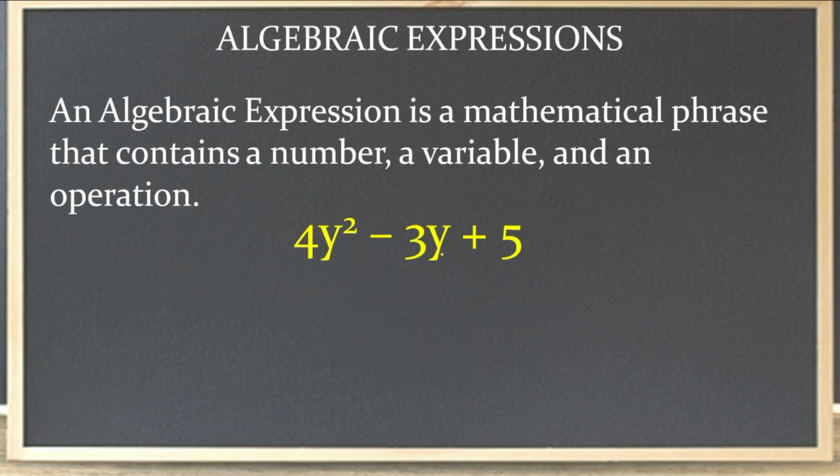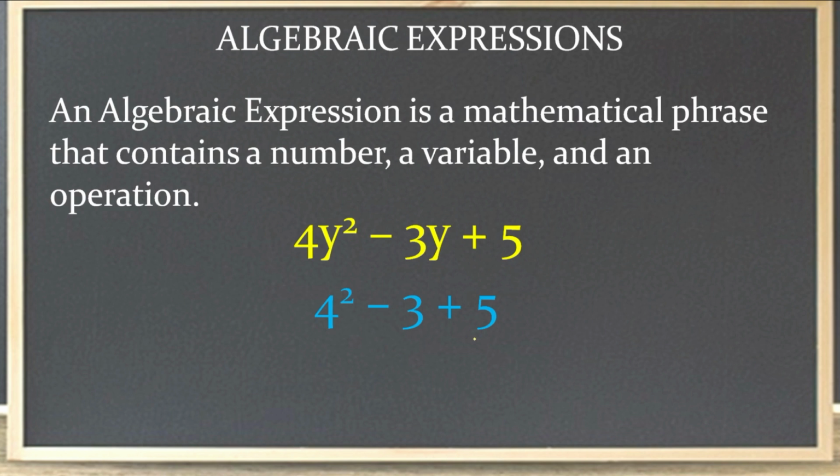Okay, we will sooner or later know the meaning of the definition of these words, these terminologies. And about an expression such as 4 squared minus 3 plus 5, here you cannot call this an algebraic expression because it doesn't contain a letter or a variable.